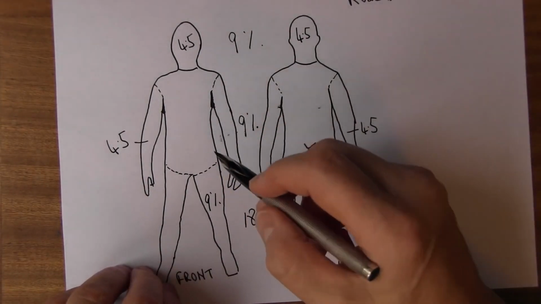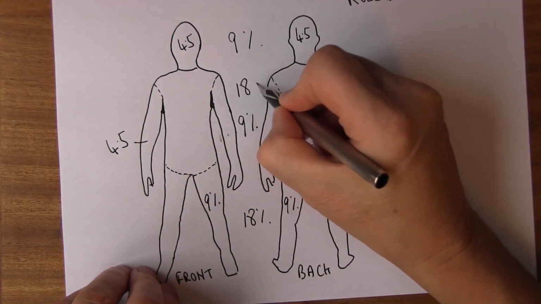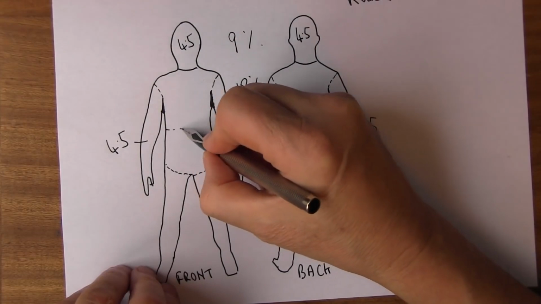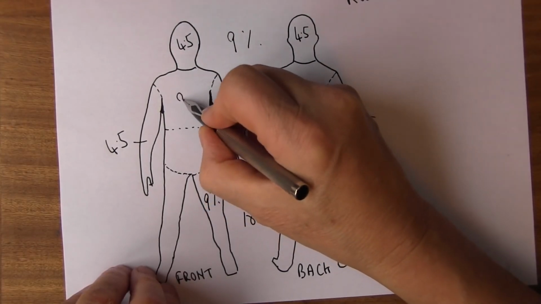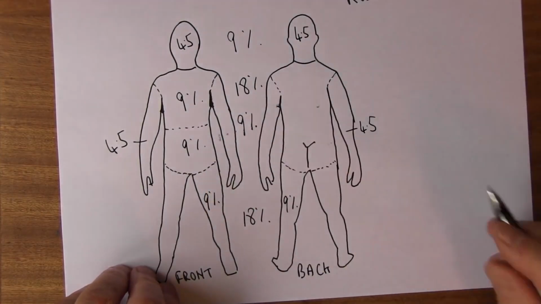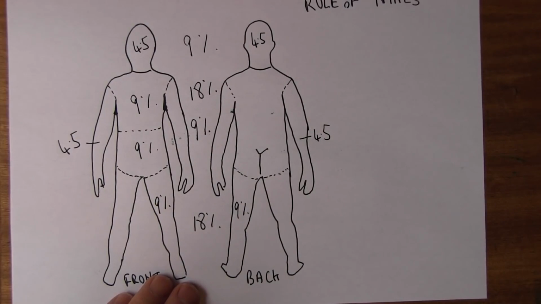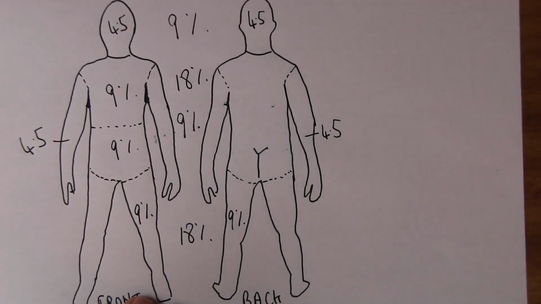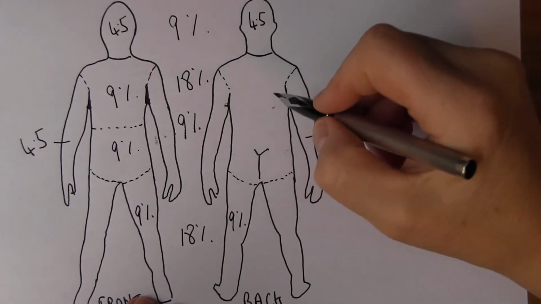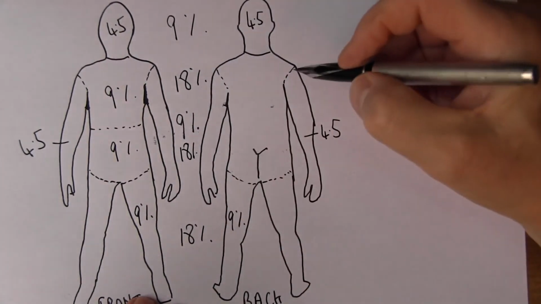Now the torso at the front is going to be 18%. The whole torso 18%. So half a torso is going to be 9%. So the chest is 9%, the abdomen's 9%. And the back includes the buttocks. Again, 18% in total for the back, including the buttocks.